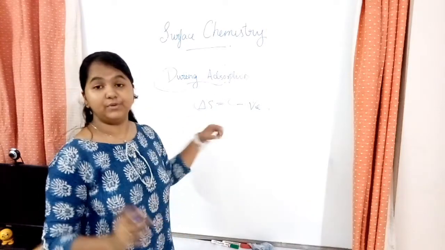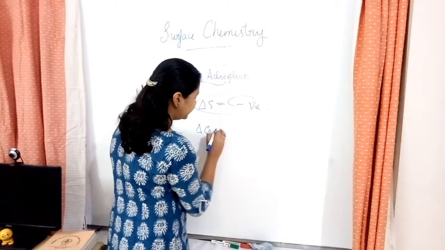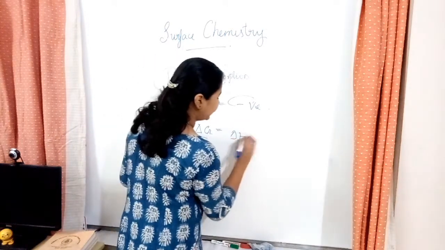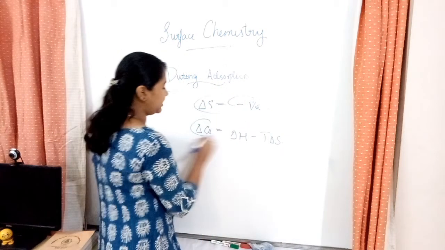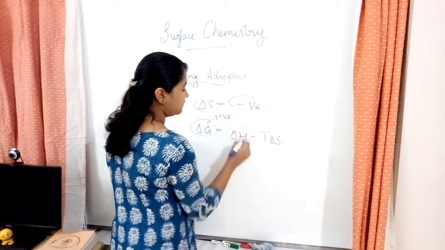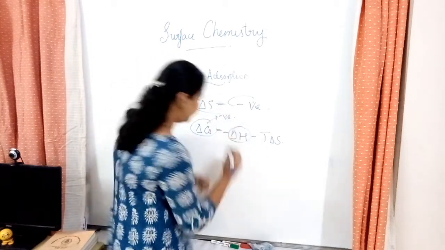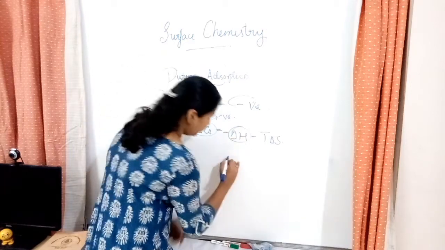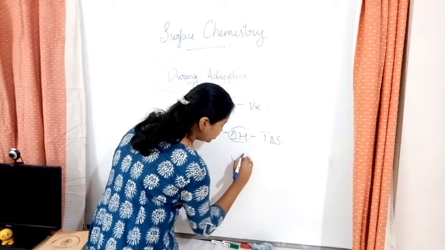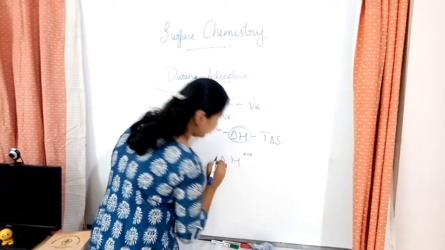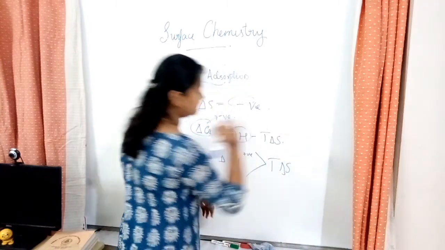So let's see about the Gibbs free energy change. So delta G is equal to what? Delta H minus T delta S. So if delta G has to be negative, what would happen? We learned delta H is also negative. So it's minus. Okay. So if delta G has to be negative, the negative delta H should be greater than T delta S. Okay.